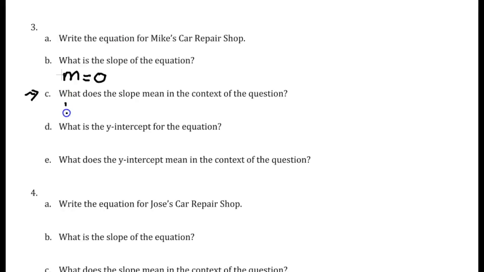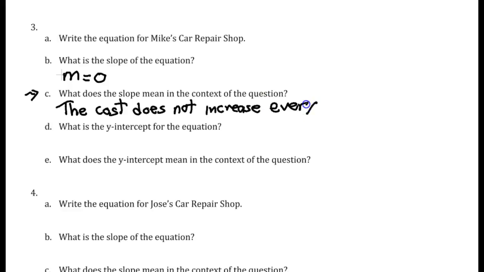So I want to say something like the cost does not increase every hour. Okay? And that's what a flat rate is. Does not increase. Stays flat. The line is actually flat. So anytime you see something that says a flat rate, you know the graph for that is actually flat. The reason they call it a flat rate, the graph itself is flat.